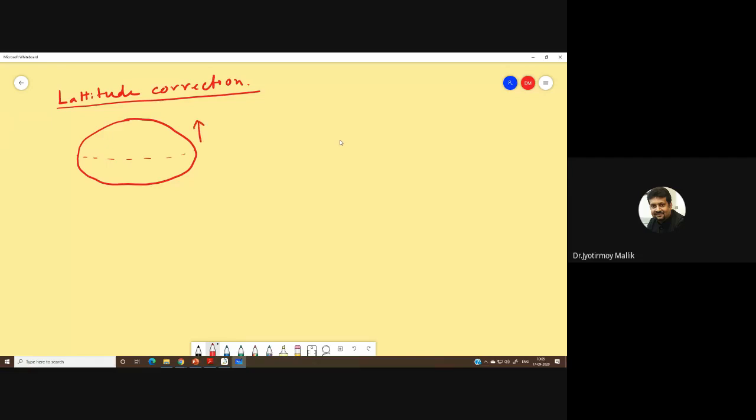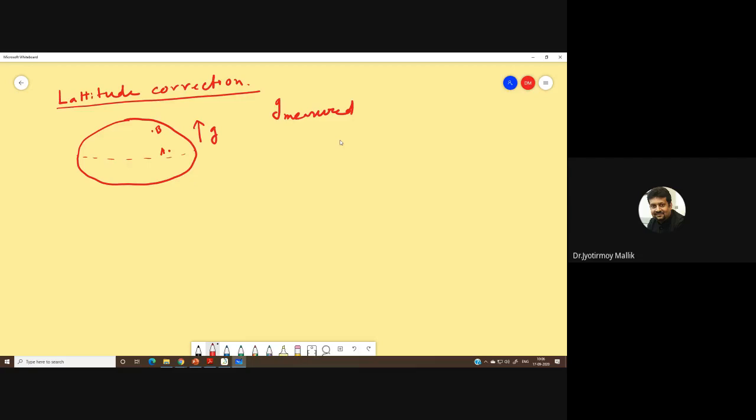So, for example, if we want to compare a g value at location A with location B, which sit at fairly distant latitudes, then we must apply latitude corrections on GM, which is my g measured.